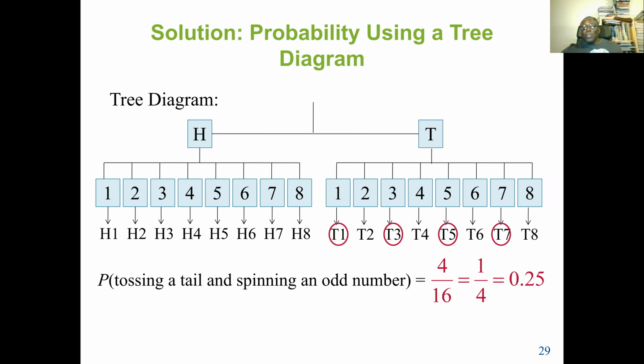So we get 4/16. And the possible outcomes we can see from the diagram: 8 to the left because the spinner has 8, head will be 8, and also tail will be 8. So we get 16 total sample space.